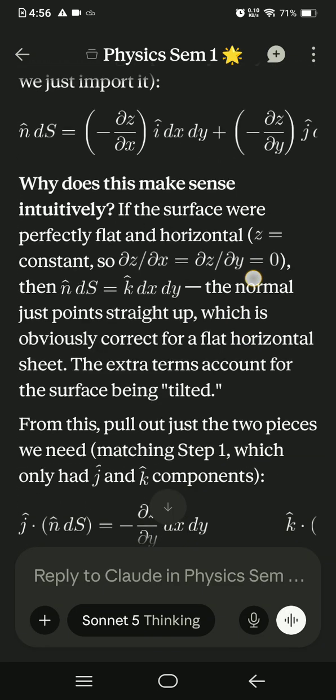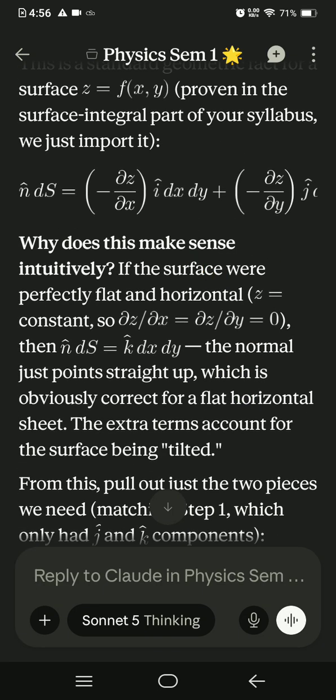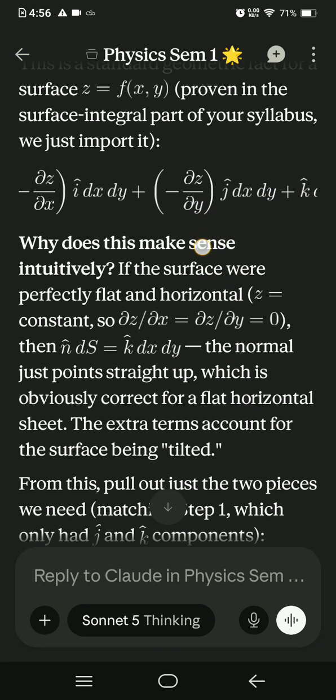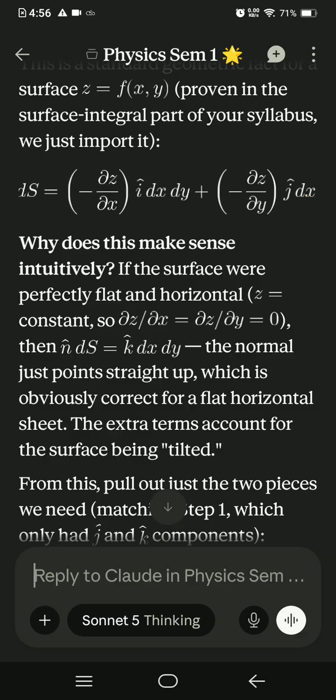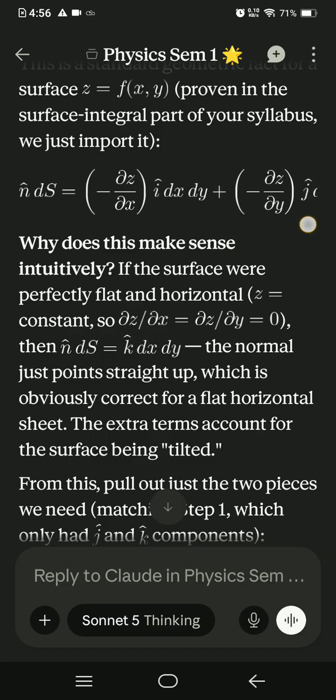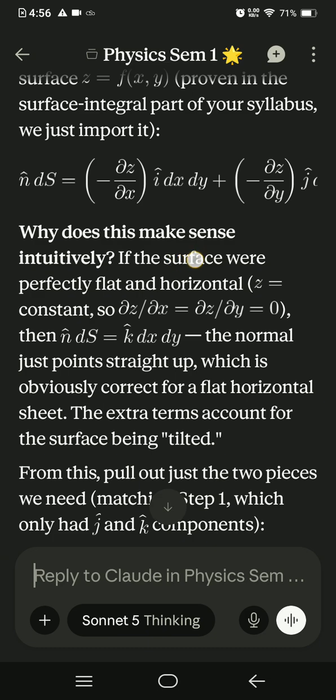Why does this make sense? Partial derivative of z with respect to z is 1 or not? I don't know. Or is it 0? I don't know. Anyways, so why does this make sense intuitively? If the surface were perfectly flat and horizontal, then z is constant.